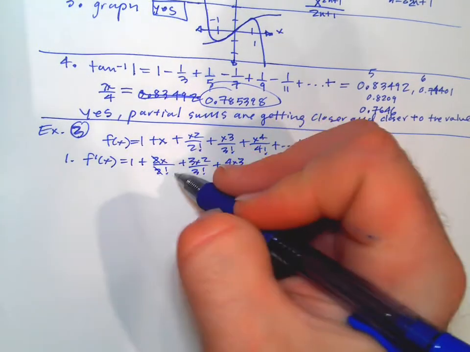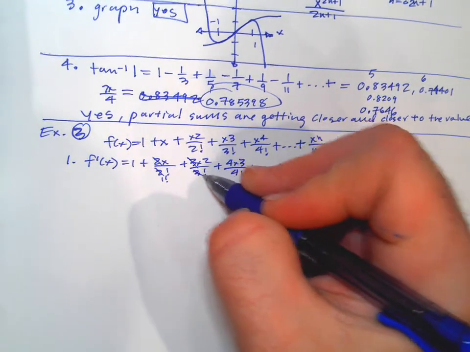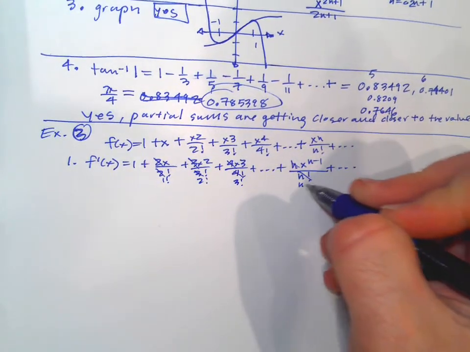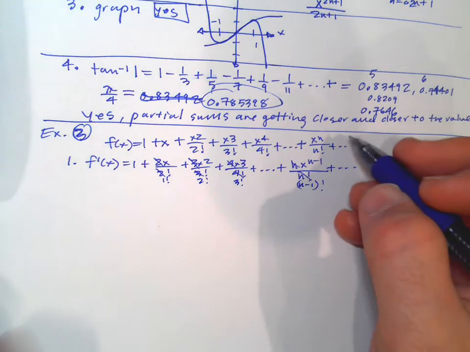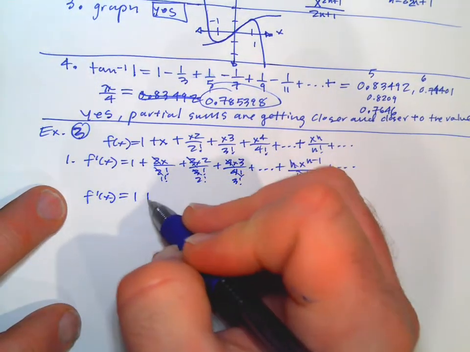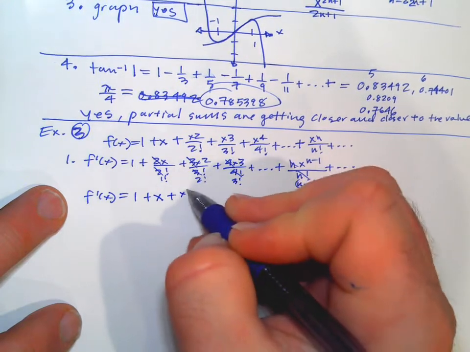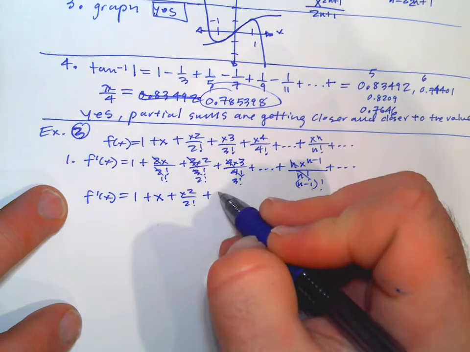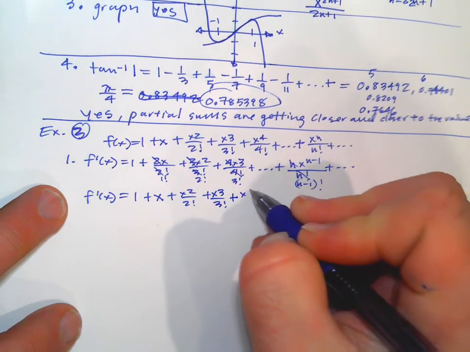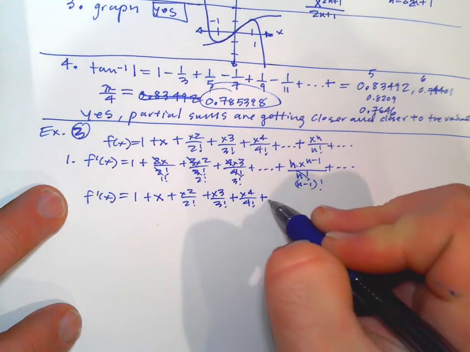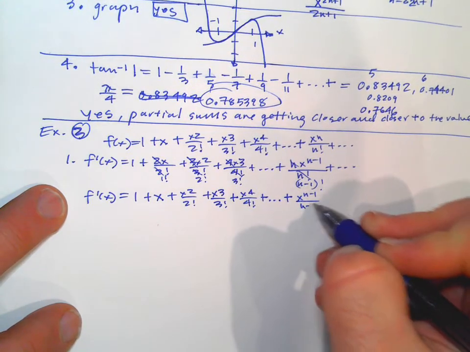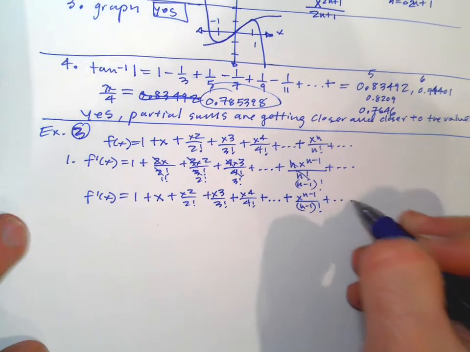The 2 cancels out that 2, you have 1 factorial, 3, you got 2 factorial, 4, you got 3 factorial, n, you have n minus 1 factorial. So the derivative, f prime of x, is 1 plus x squared over 2 factorial plus x cubed over 3 factorial plus x to the fourth over 4 factorial plus dot dot dot plus x to the n minus 1 over n minus 1 factorial plus dot dot dot.